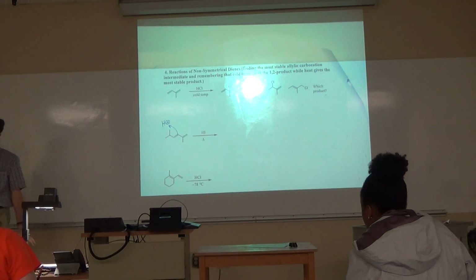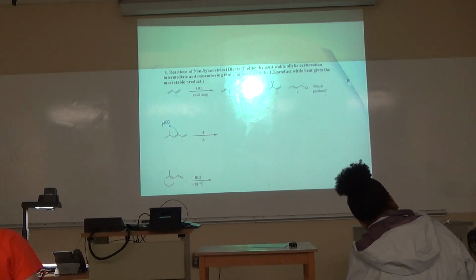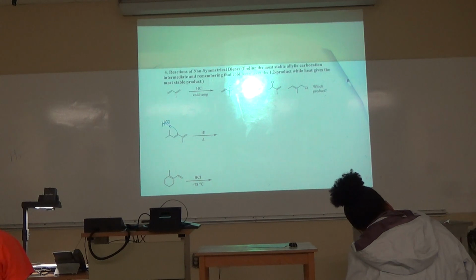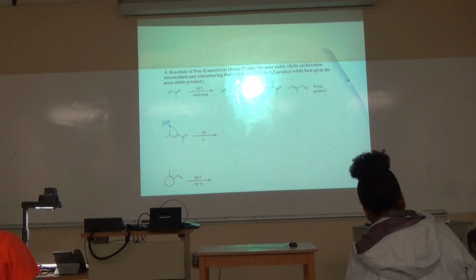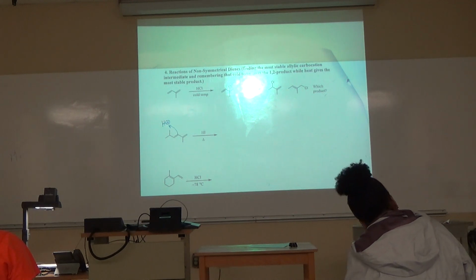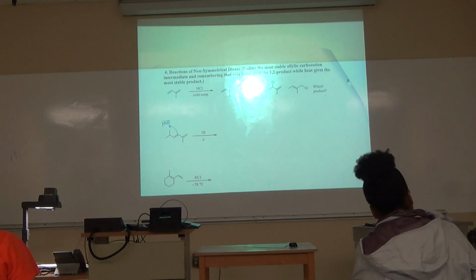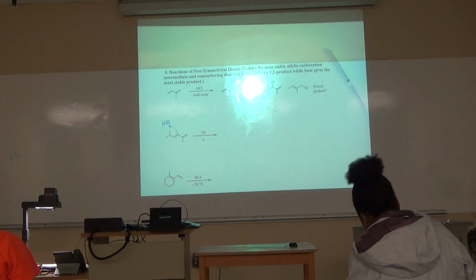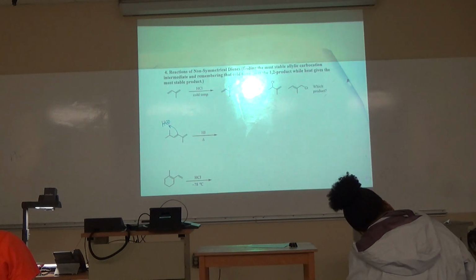On the test, many of you have arrows that are just not right. Arrows show movement of electrons, not atoms. And even if you are thinking you're moving electrons, if your arrow originates from an atom, your arrow is incorrect. I'm saying I don't know what your arrow means. It's either drawn wrong, backwards from an atom instead of electrons, or your arrow can be perfectly correct, but then you draw a resulting product that did not come from the arrow movement.